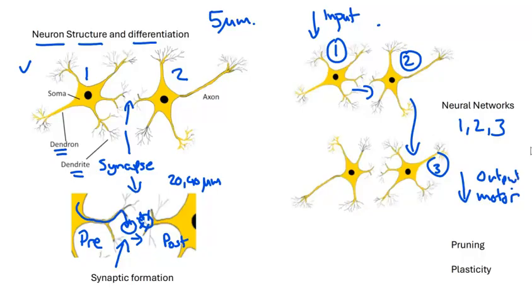As they begin to signal with each other, the connections that they form between the nerve cells become strengthened with the addition of receptors, but also because of a process called neural pruning, in which other connections are broken down, including whole nerve cells are eliminated from this network so that the network becomes more refined.